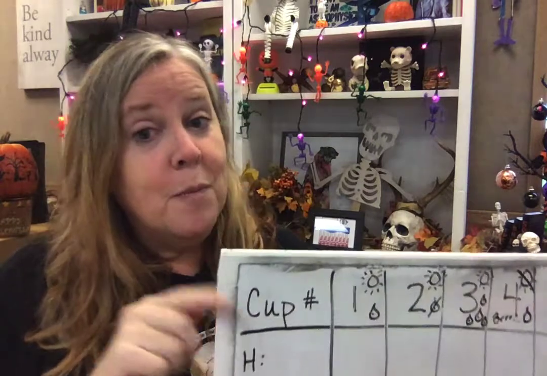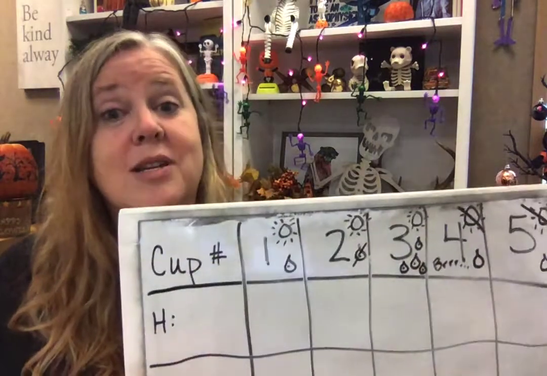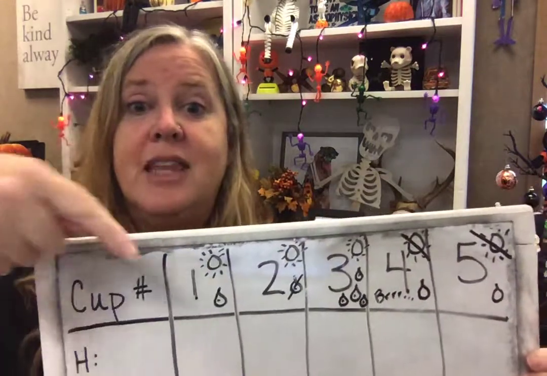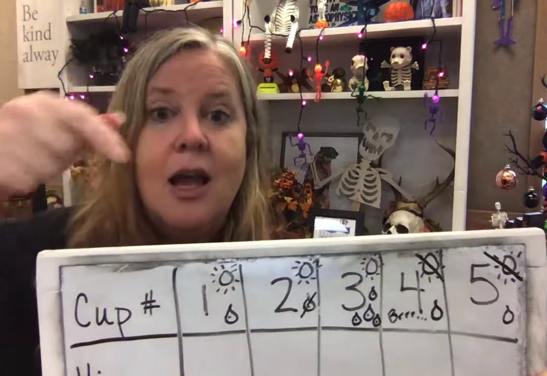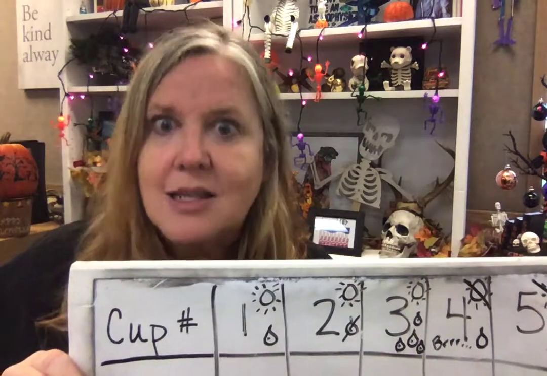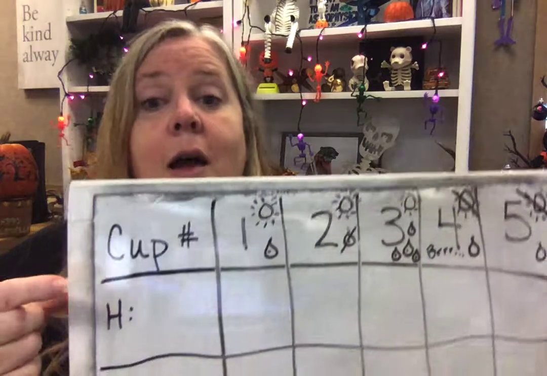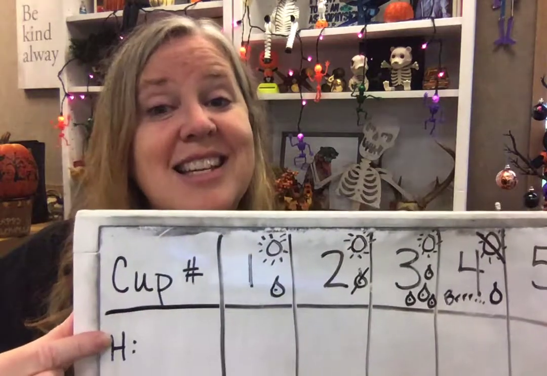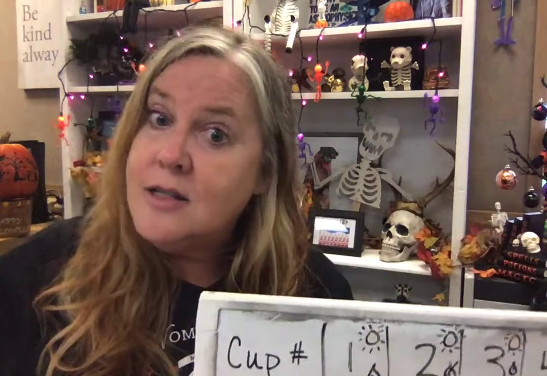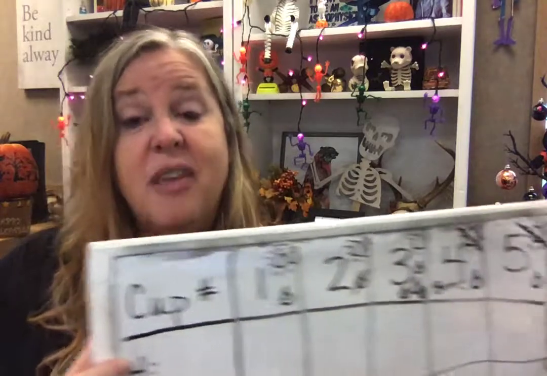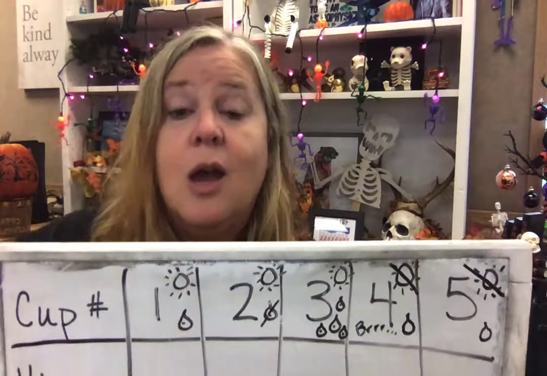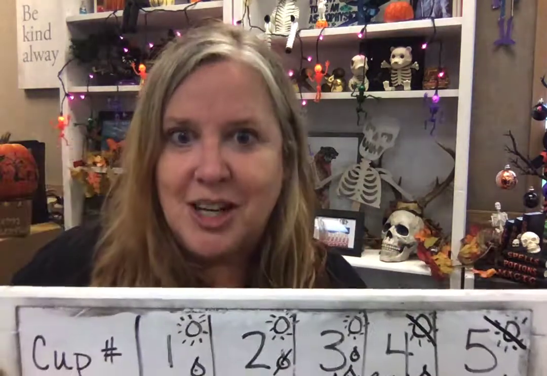So here's your part, you guys. This is when you decide, out of these 5 conditions, which one would be the best to sprout some seeds? Make your hypothesis. And if you want, you could even make a hypothesis on which one you think would be the worst condition.